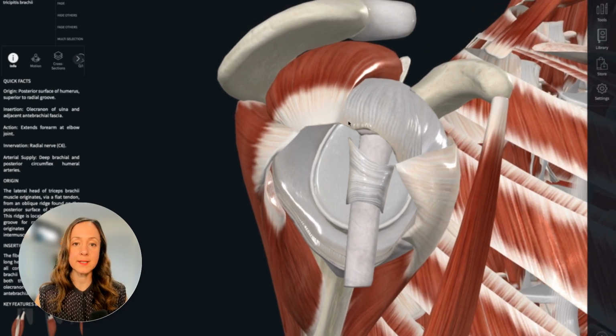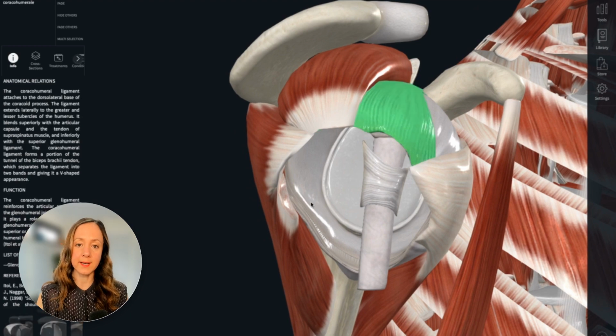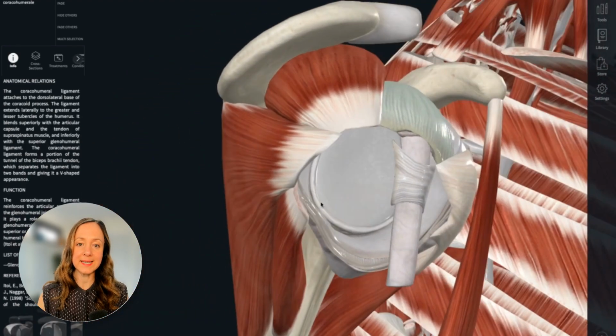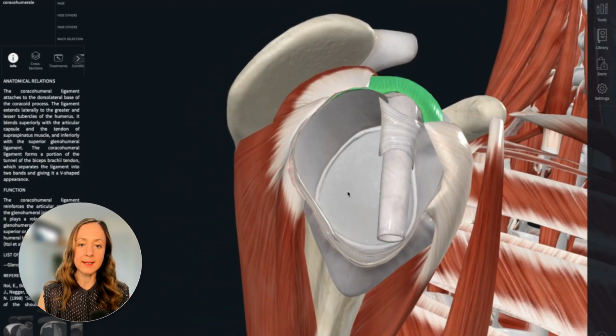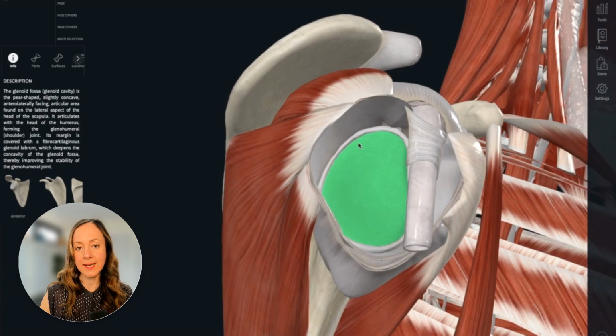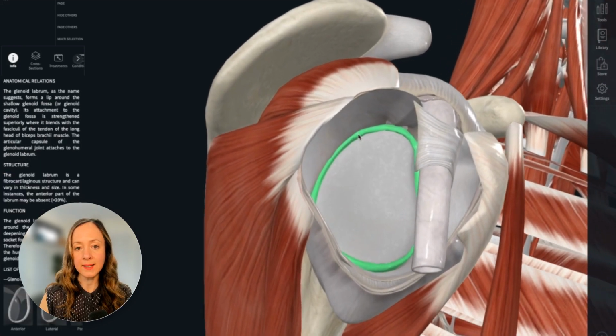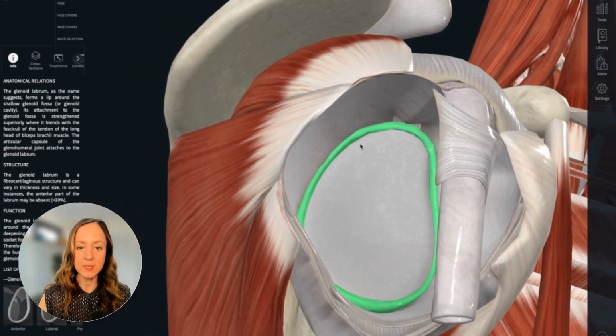Okay, so let's see if we can recognize these structures now. This is all connective tissue holding the head of the humerus in place. Here again is the glenoid fossa. That's the articular cartilage that covers it, the lining. And then in here, this ring is the labrum, the glenoid labrum, which can get irritated.